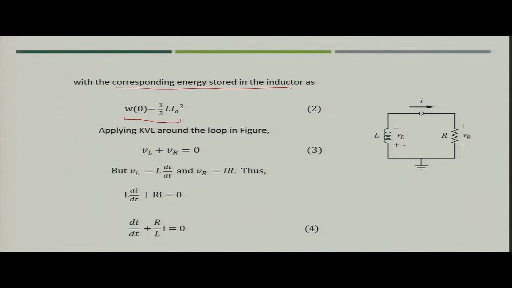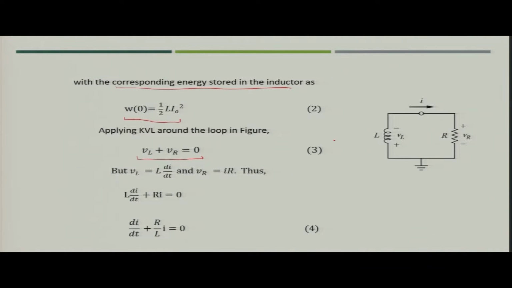Now, if you apply KVL around this particular loop, we have considered the polarity for the inductor as plus at the bottom and minus at the top. In that case the sum of the voltages in the loop would be 0.